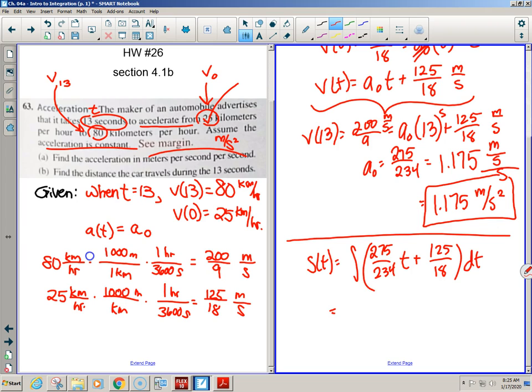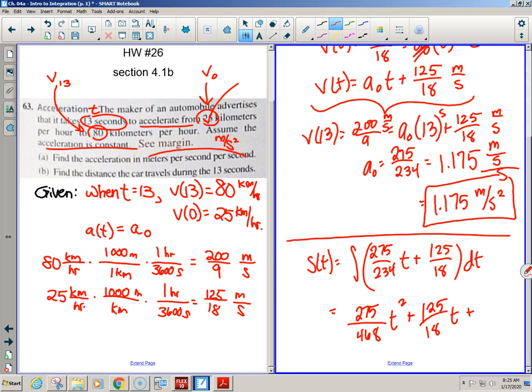So my position would be, I have to divide by 2. 275 divided by, well, times 2 is 468. Because it's t squared over 2, and so those two combined. And then I have 125 all over 18t.